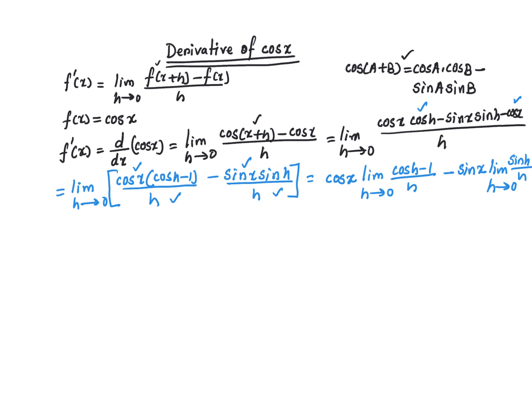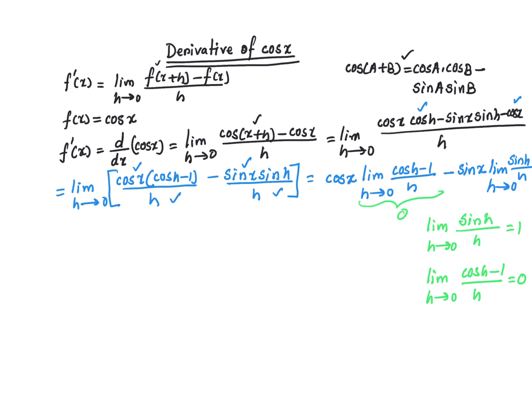Now you kind of have to remember your limits here. Remember, the limit as h approaches 0 of sine of h over h is actually 1, and the limit as h approaches 0 of cosine of h minus 1 over h is actually equal to 0. So that tells me that this term is going to be 0.